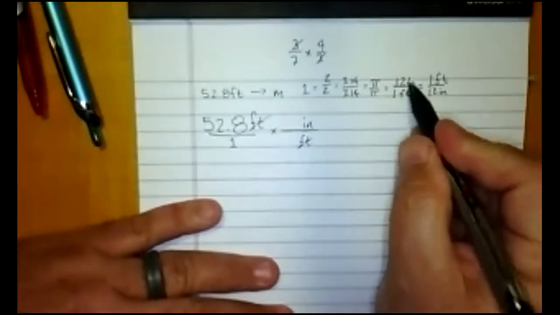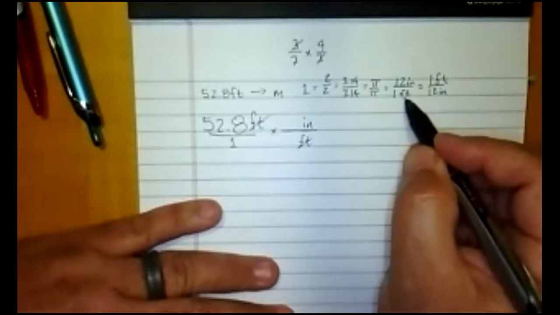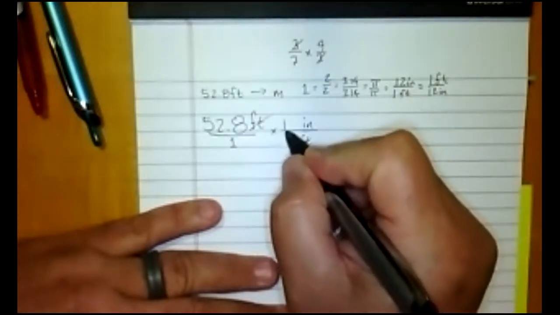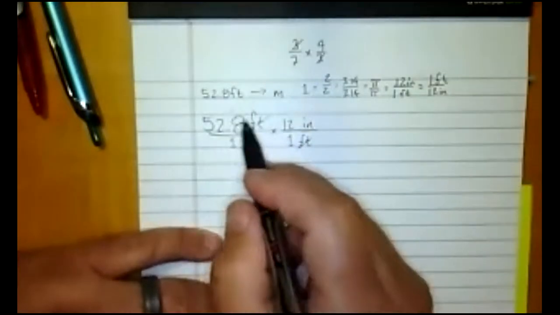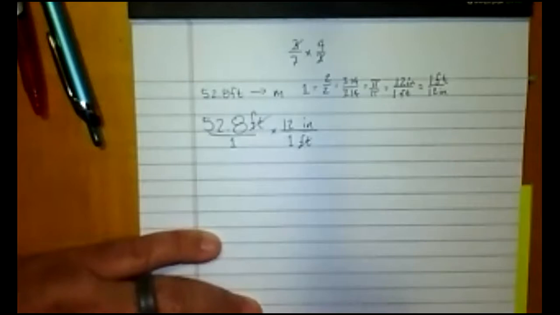So when I look over here, the only fraction equal to 1 that has the feet in the bottom is 1 foot in the bottom and 12 inches in the top. So I could actually compute it at this point and just say, okay, 52.8 feet times 12 inches per foot cancels out the feet and gives me the number of inches.